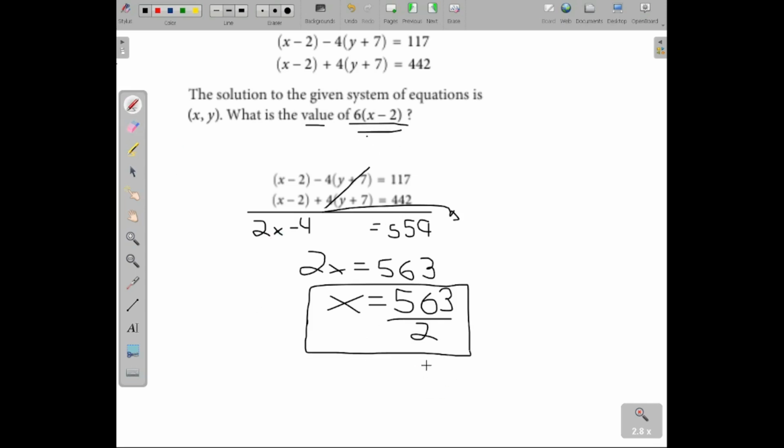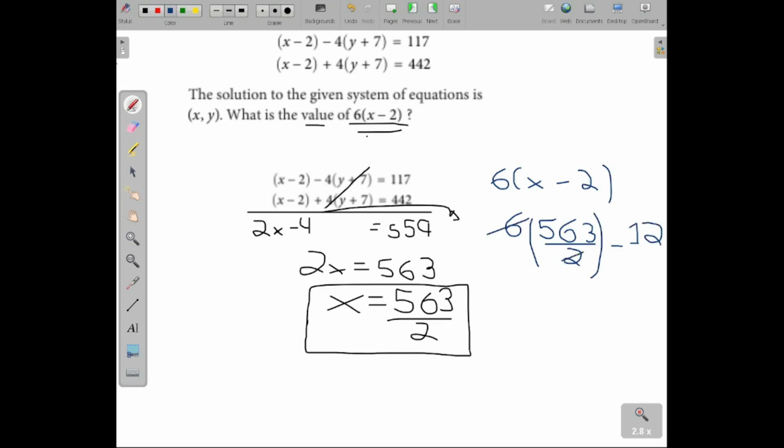We can replace x in here, so we'll have 6 times x minus 2. We'll multiply 6 times x. X is equal to 563 divided by 2, and minus 6 times 2 is negative 12.